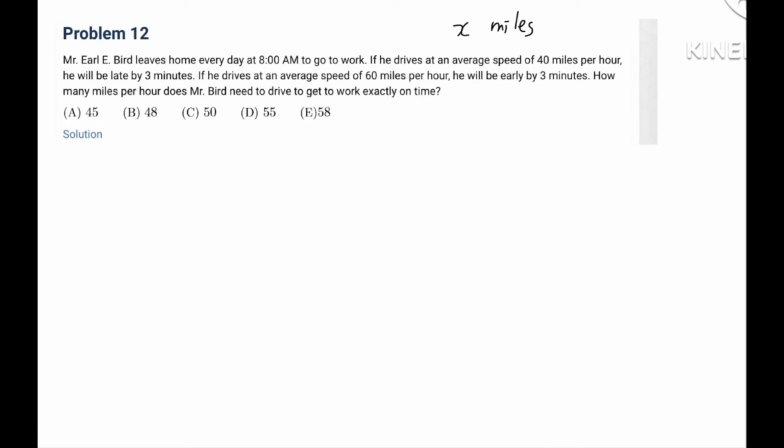So 40 miles per hour would be x over 40 equals a certain amount of time, a plus 3 minutes, right? So it's 1 over 20 hours. And 60 miles per hour would be early by 3 minutes, so x over 60 would be a minus 1 over 20.